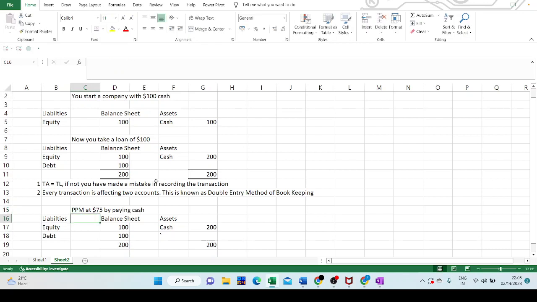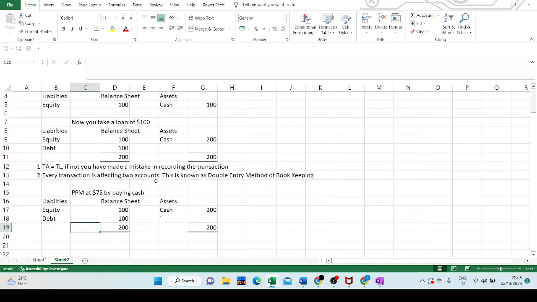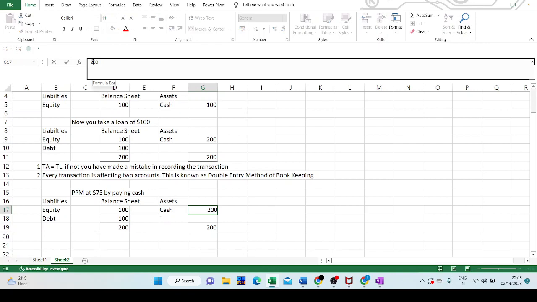Now, how will this impact your balance sheet? Naturally, guys, cash would reduce by the amount paid. So we've paid 75, so cash would reduce by 75.